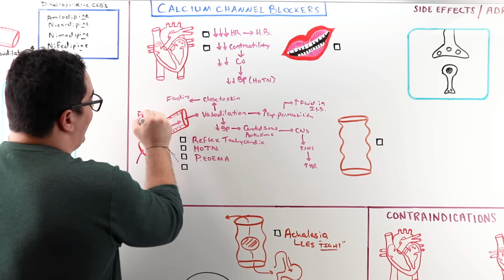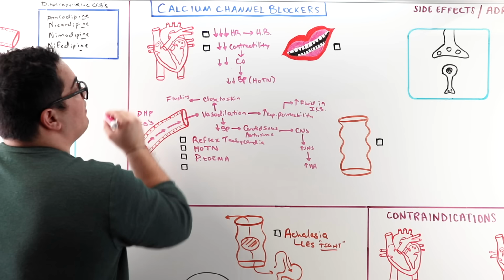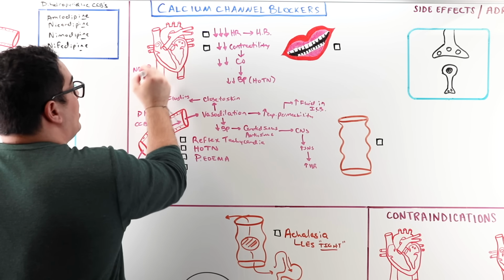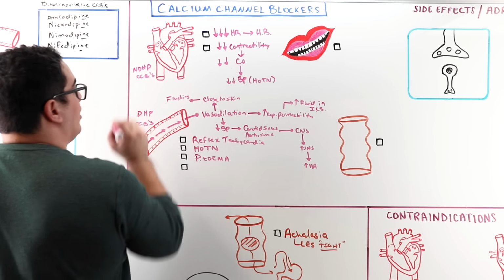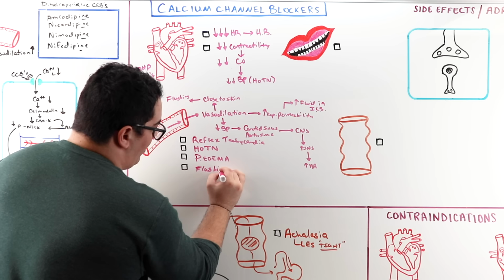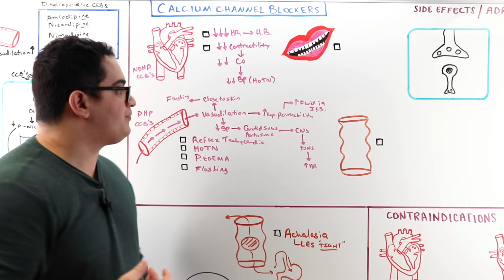So this is for dihydropyridine calcium channel blockers, whereas the effect on the heart is primarily by non-dihydropyridine calcium channel blockers. So again, another potential side effect is flushing because of vasodilation of the vessels close to the skin.